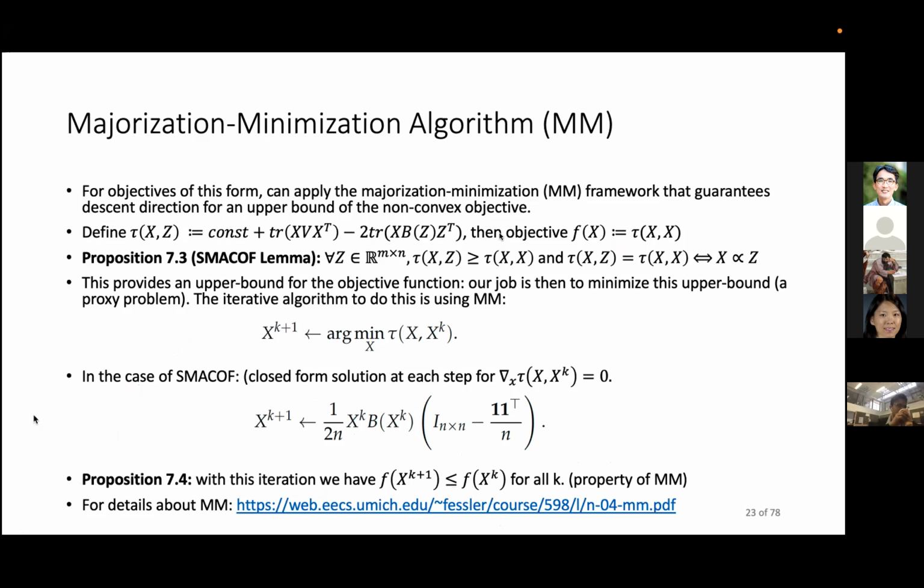What it does is find a proxy objective, an upper bound for your objective, and then minimize it. This is very similar to the EM algorithm that we saw before. The EM algorithm is used for probabilistic models, where you find the variational lower bound and iteratively maximize that lower bound.